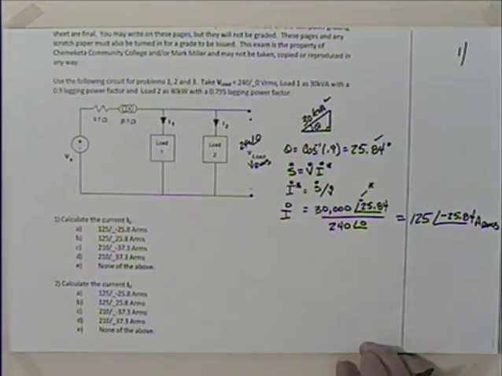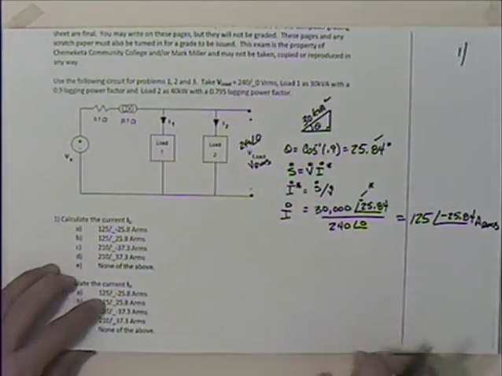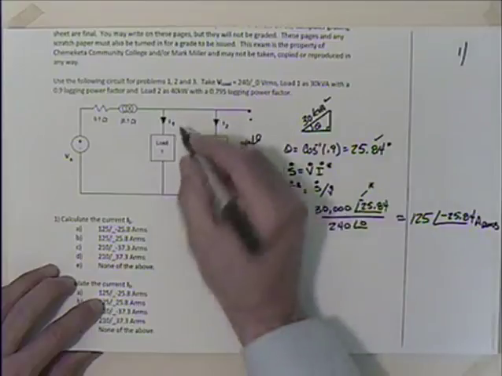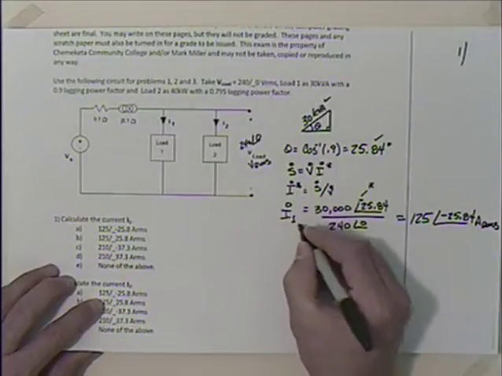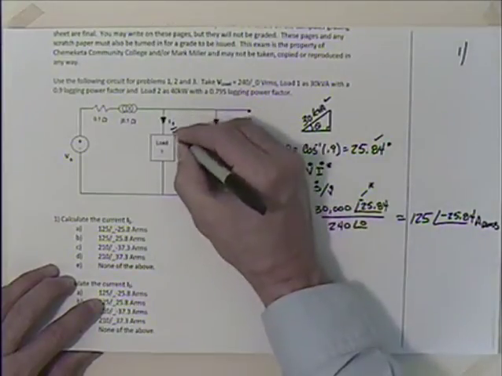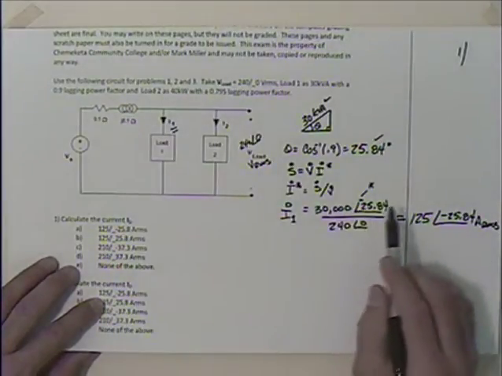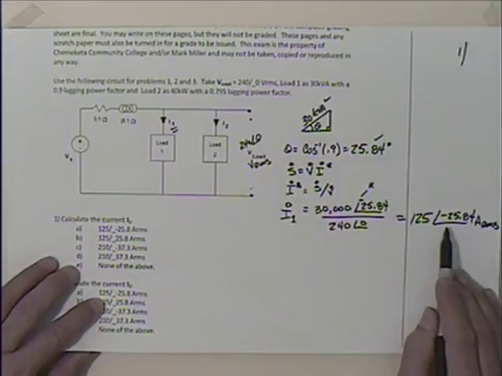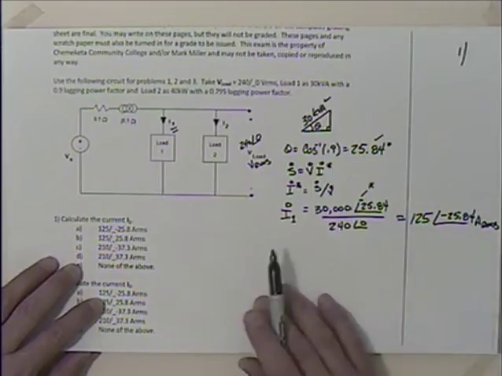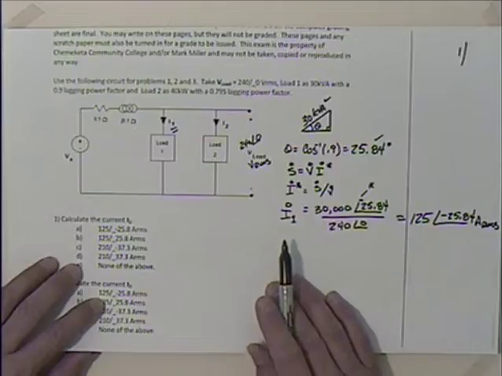Okay, so that's how we could get that. Maybe I would be better off to say that this is I1, because that's the current that we've got there. And does that make sense? If our voltage is at 0, this has to be lagging it, doesn't it? Because it looks like we have a lagging power factor.